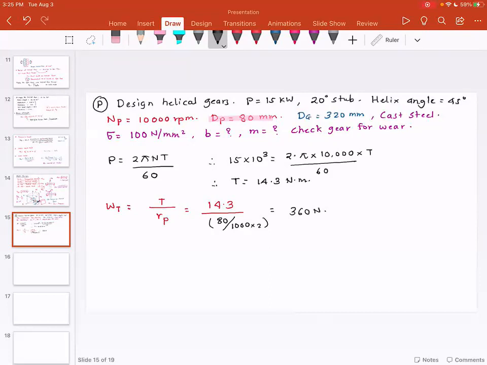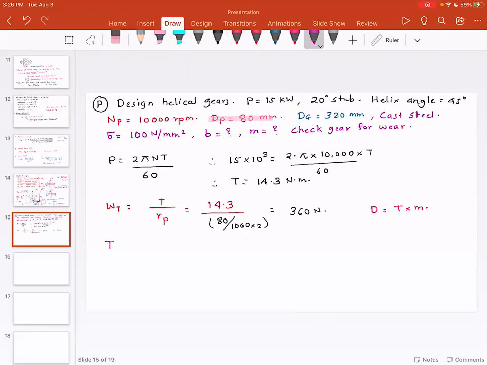With that, I should be able to find out the number of teeth on pinion. The relationship between diameter is number of teeth multiplied by module. So diameter D equals T times module.